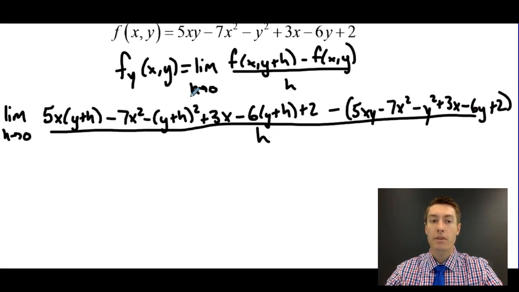And we can simplify some of the terms here. So minus 7x squared, and then that would be plus 7x squared here. 3x, and then minus 3x. 2, and then minus 2. And we can simplify the terms that are left.